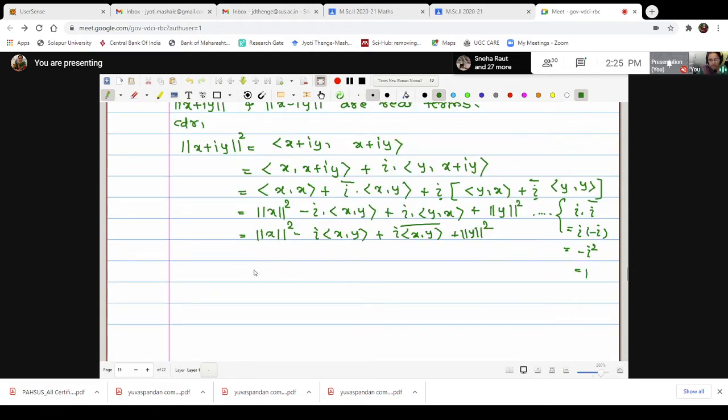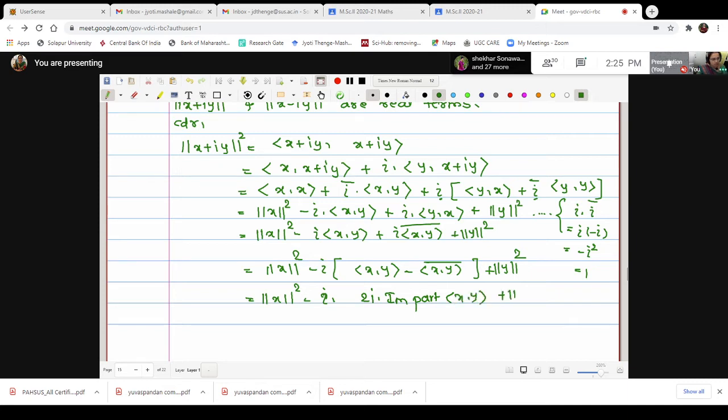Therefore this term is actually minus i into inner product xy minus inner product xy conjugate, plus norm square of y. Therefore, this is of the type z minus z bar, and we know z minus z bar is 2i times the imaginary part of inner product xy, plus norm square of y.